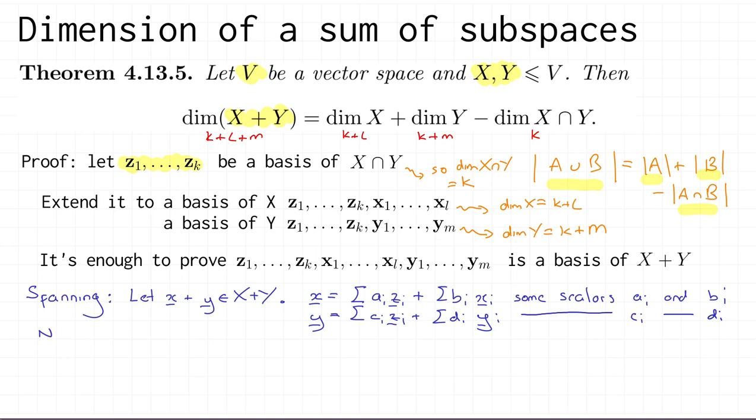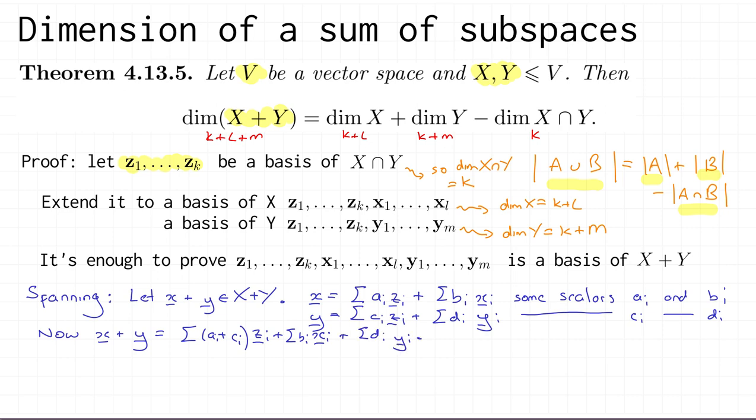Okay, now if we look at x plus y, that is equal to, well, I can gather together the z's, so I'll get the sum of (ai plus ci) times the z's plus the sum of the bi xi's plus the sum of the di yi's.